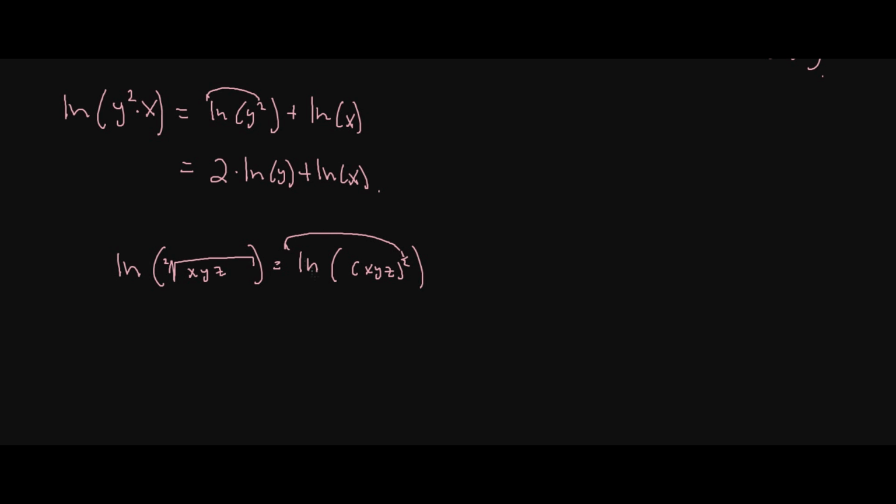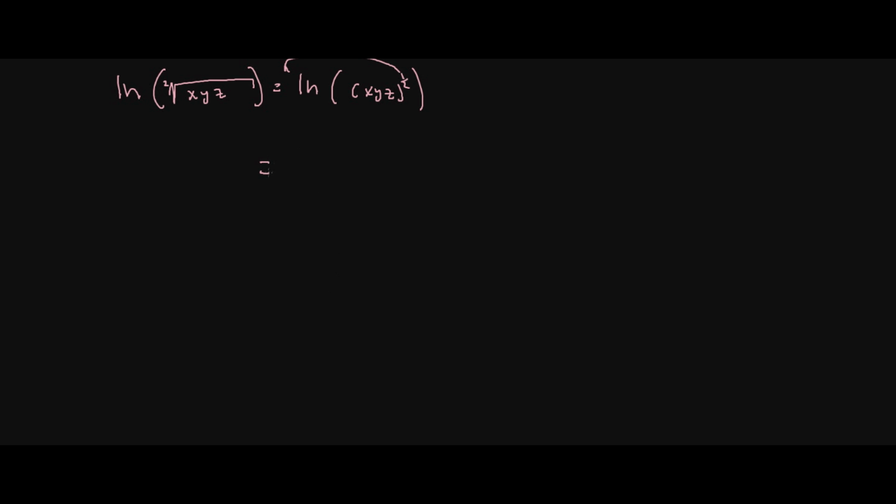I can pull the 1/2 out, so I get 1/2 times ln of xyz. This is all multiplying, so to expand that out, I'm going to put big parentheses: 1/2 times ln of x plus ln of y plus ln of z.